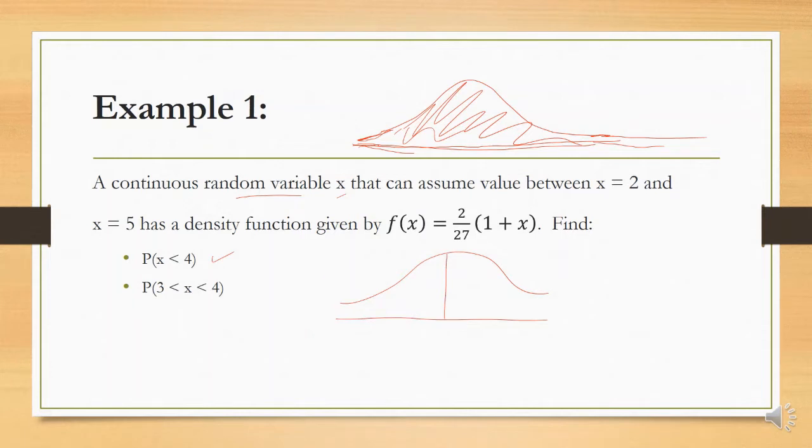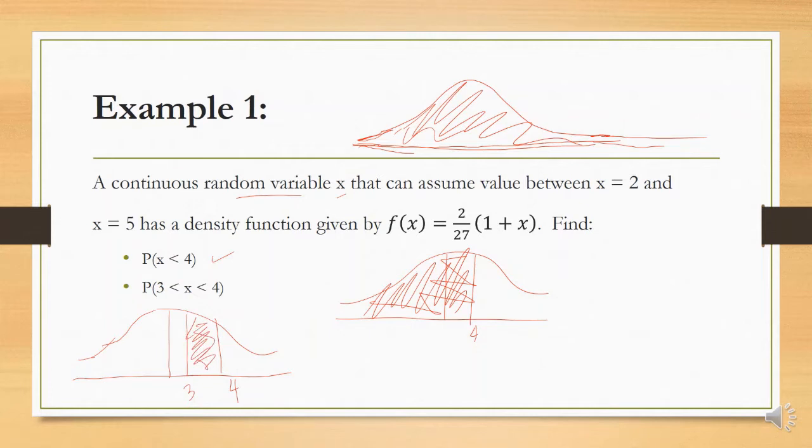So, halimbawa, kung less than 4 siya, o baka kung ito yung 4, no? Kung i-interpret natin yan, ito yung area na yon. Okay? So, kung area ng 3 less than x less than 4, it could be interpreted as this and this. Kung ito yung 3 and 4, ito lang yung area na hinahanap natin. So, by integration, you can definitely solve that.